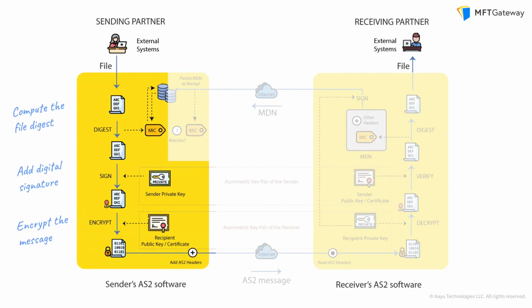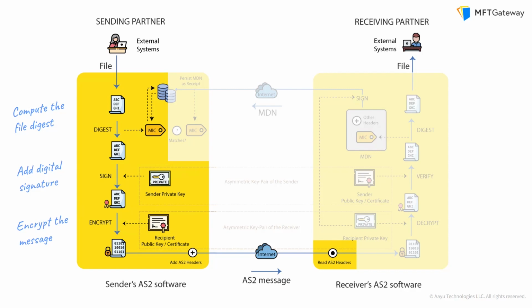Once these processing steps are done, the sender will send this message over an HTTP channel to the receiver's AS2 system. When they are sending this message, they will include certain HTTP headers mandated by the AS2 protocol, which are generally called AS2 headers. These AS2 headers will contain important information for the receiver to successfully process this message.